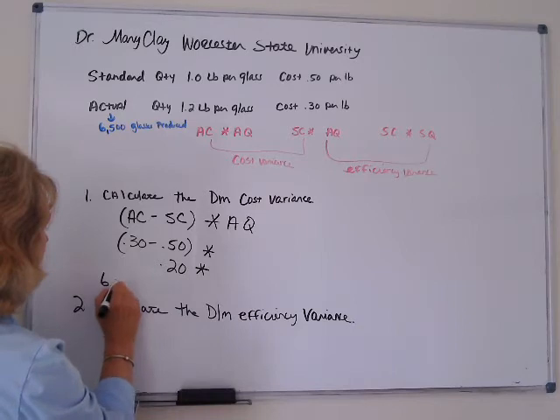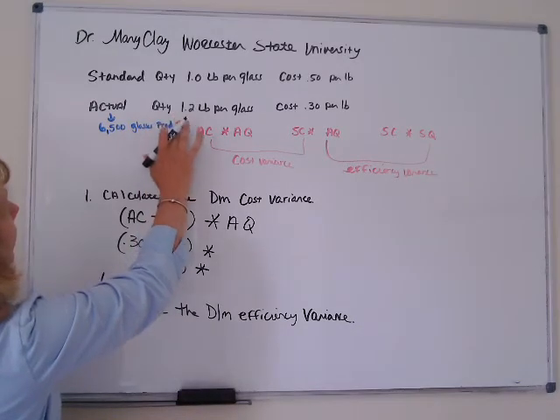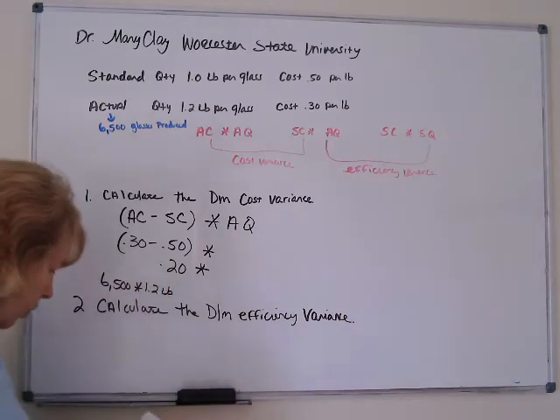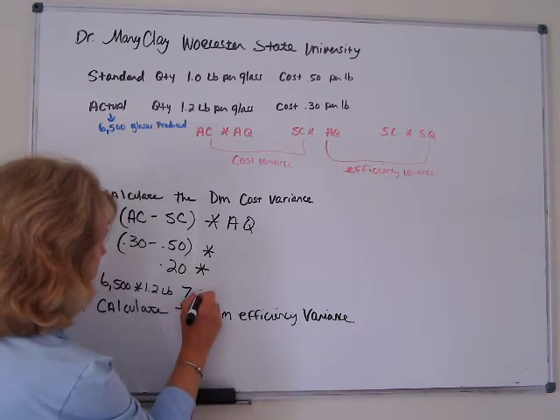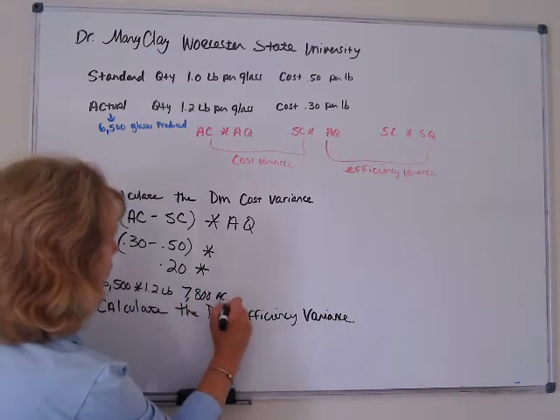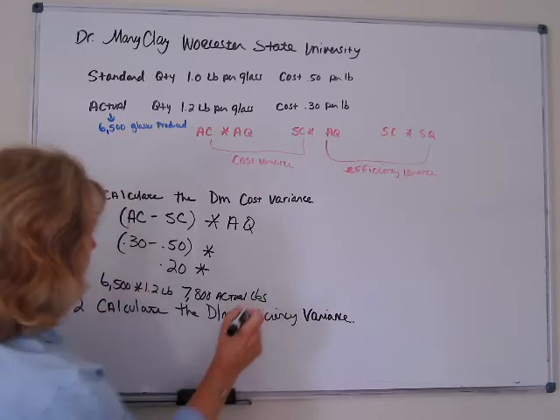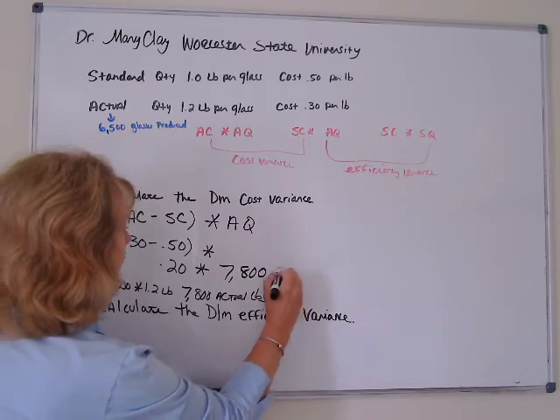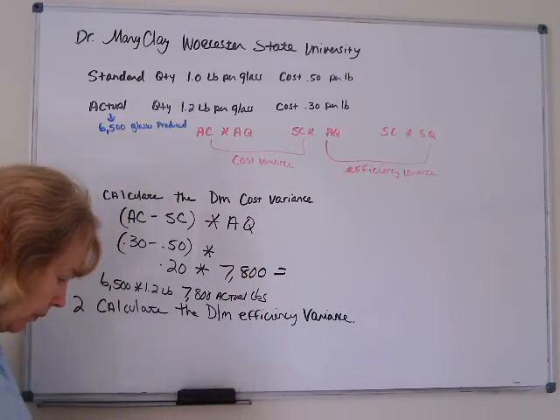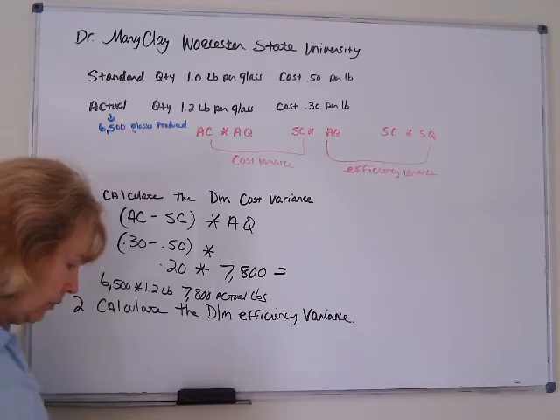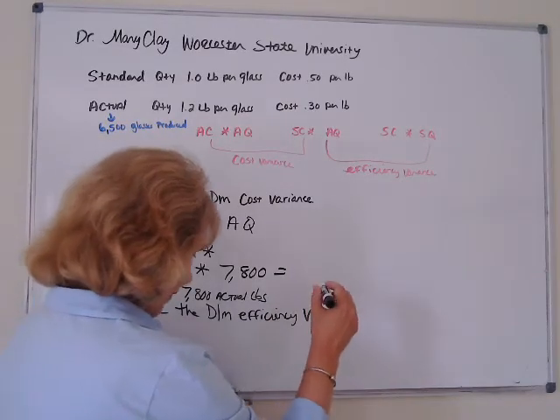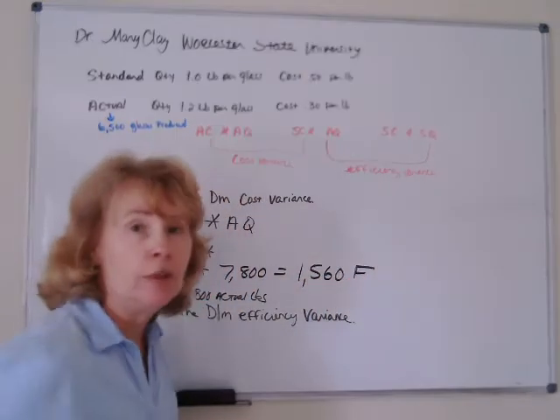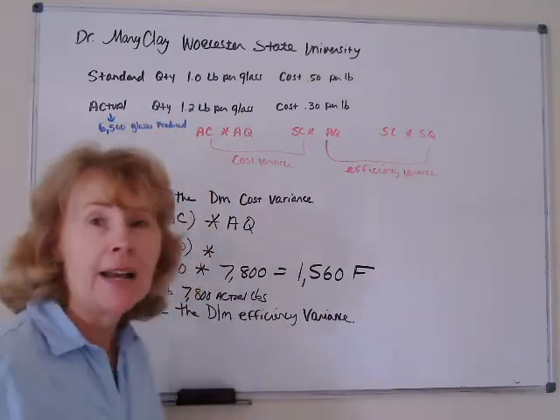However, we have to figure out the quantity is 1.2 pounds per glass, so that is 7,800 actual pounds. I take my 0.20 times 7,800, and that equals 1,560. Now remember, I already told you this is going to be favorable. So your answer is 1,560 favorable.